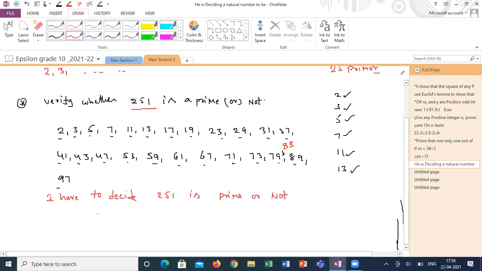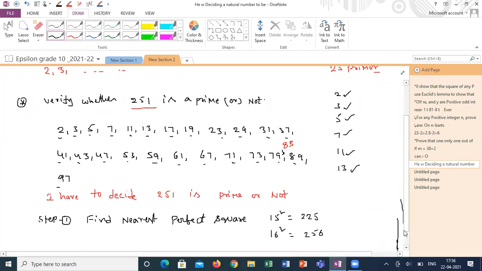So step 1, find the nearest perfect square. Can anyone give the nearest perfect square? 15 square is 225, sir. 16 square is 256.